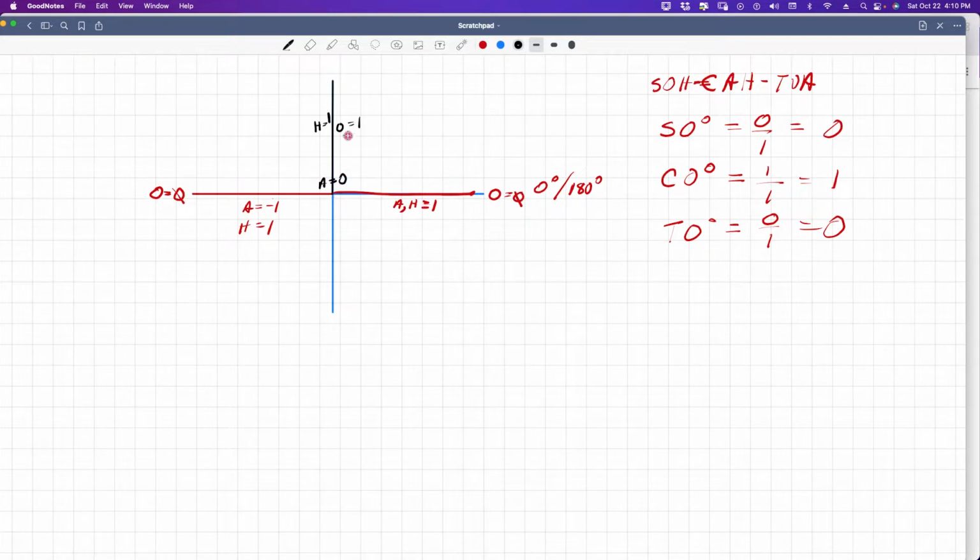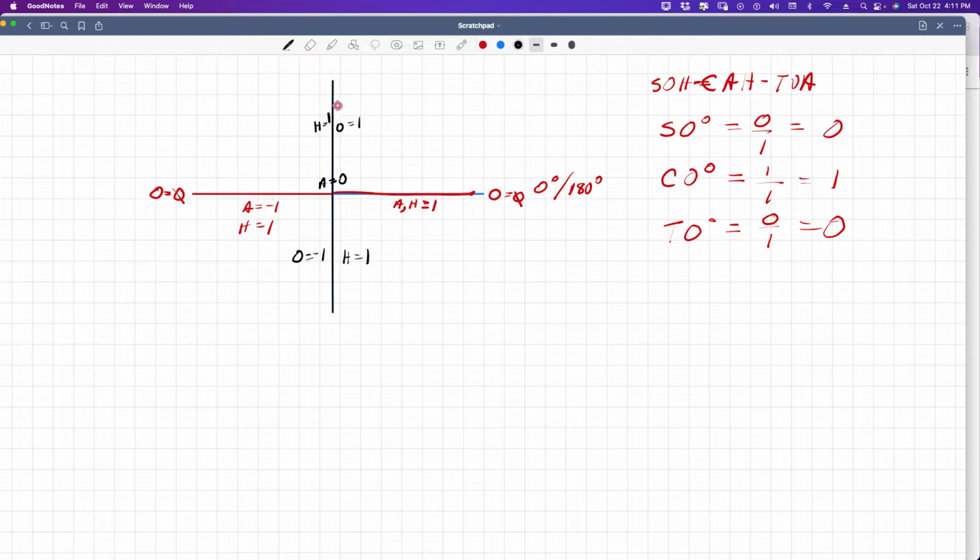But then when we go all the way around to this side here, again, the adjacent, it's at the origin, it's going to equal 0. But the opposite side, let me give myself a little bit of room, the opposite side is going to equal -1 because it's on the negative side of the axis, and the hypotenuse is going to be +1 because the hypotenuse is always positive.